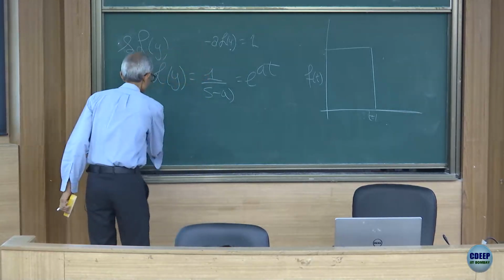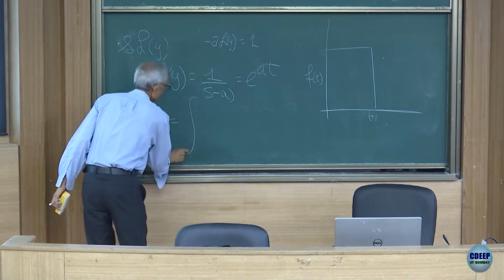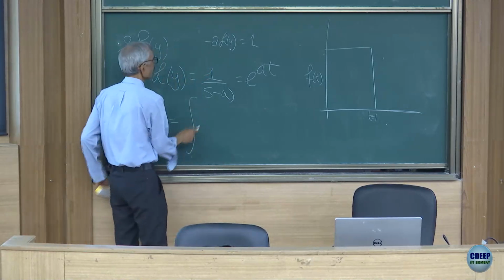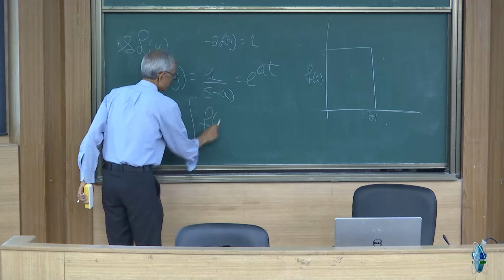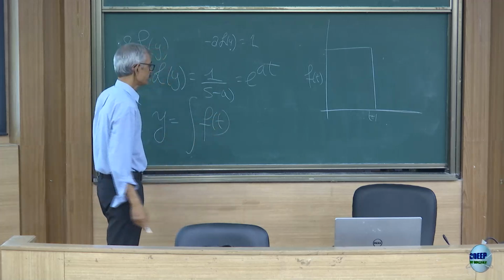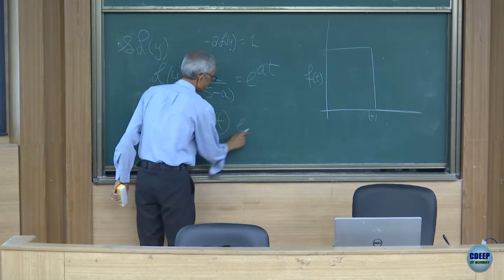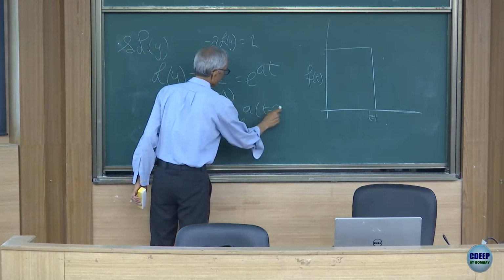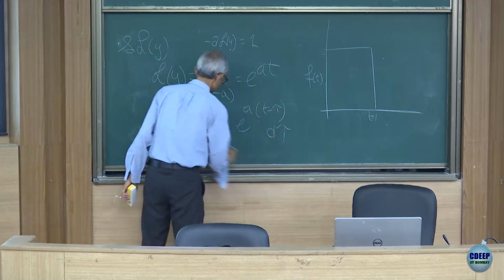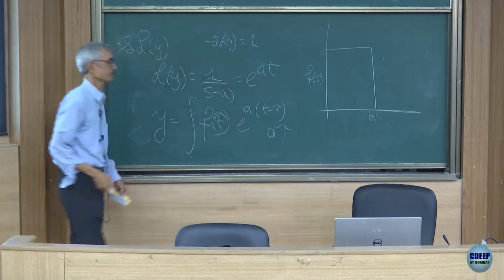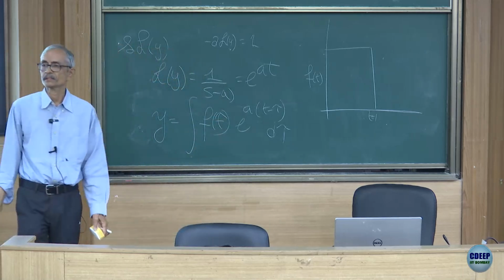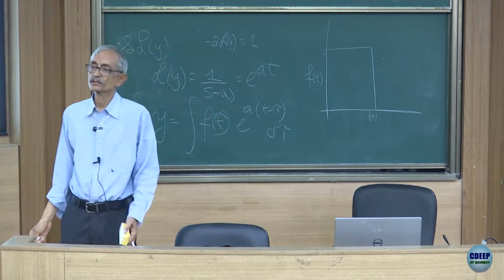So my y, which is the solution to this, is going to be equal to the integral of the right hand side, and then e to the power of a times (t minus tau) d tau. Okay, that's about it. That's my solution.